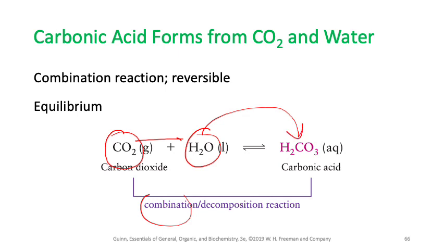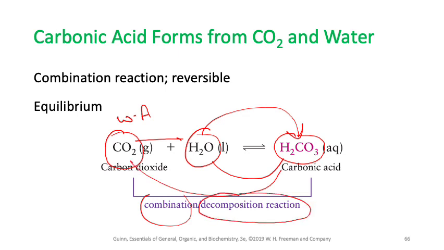So this is your weak acid, and the H2CO3 is also going to convert into water and carbon dioxide through a process called a decomposition reaction. So the reaction is going back and forth, and you can make carbonic acid in blood from carbon dioxide too.